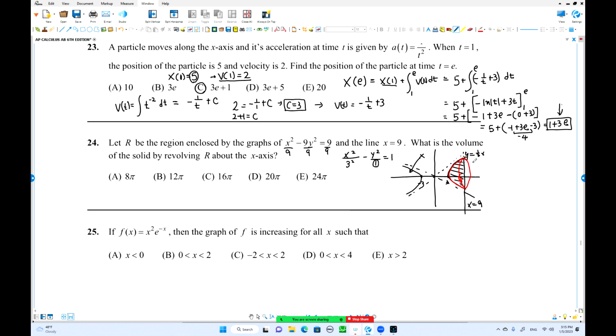So this is a disk, right? There is no empty space inside. So for example, take some random x in the middle. This is the radius r, right? R equals y, which is what? 1/3 of x.